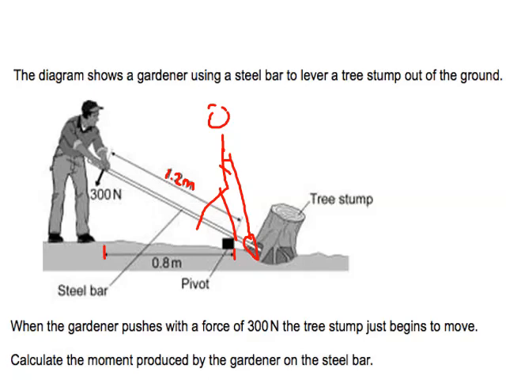We use the actual distance along the bar. The horizontal distance is rather irrelevant, so this would be 1.2 times 300, which equals, what would that be? I don't know, 360, something like that.